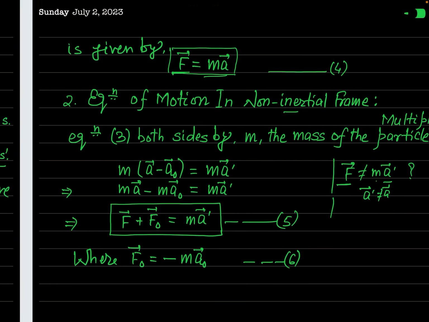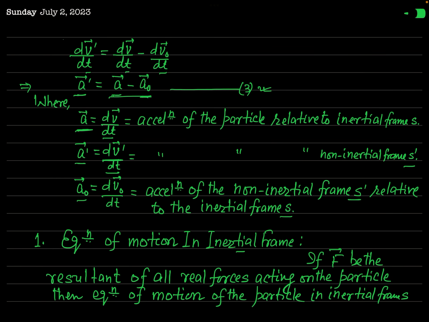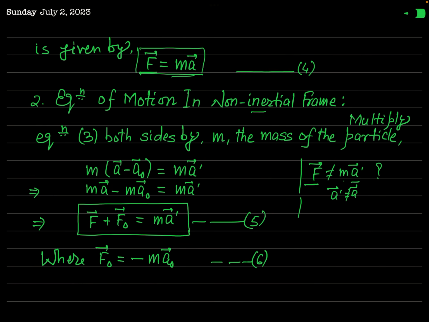For writing this equation of motion, you have to simply multiply equation 3 on both sides by the mass of the particle, that is by m. So when you multiply equation 3 by m on both sides, what will be your result? On the left-hand side, m times a minus a naught equals m a dashed. This can be written as ma minus m a naught equals m a dashed.